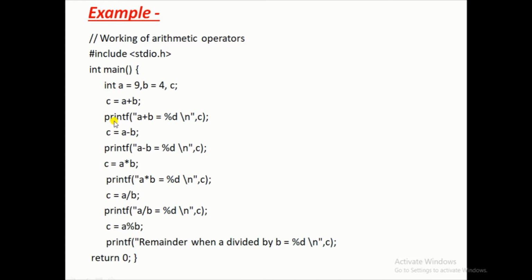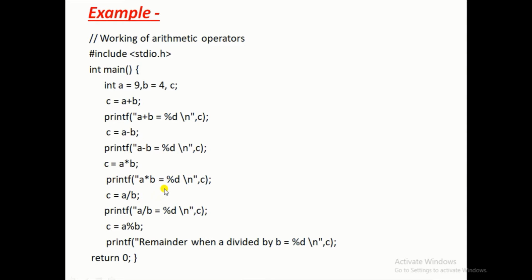In the next line we display the variable we get after the addition operation. Next we do the subtraction, and thereafter multiplication, division and remainder. After doing all of these operations we get the results.